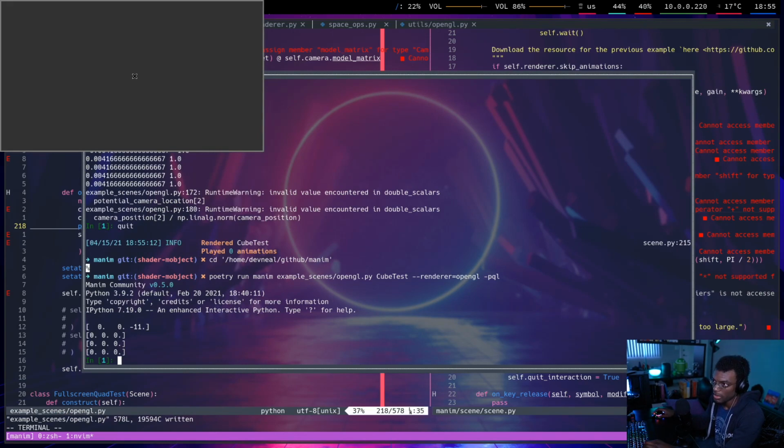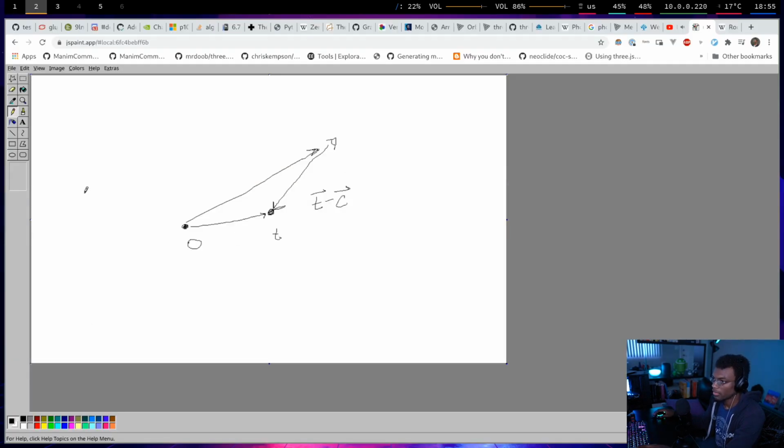And it makes sense that this would move it out of vision. Because the camera, by default, is only 11 units above the origin. And so if I move it forward by 11 units, the camera will be right here. And so it makes sense if it can't see the square, I guess.